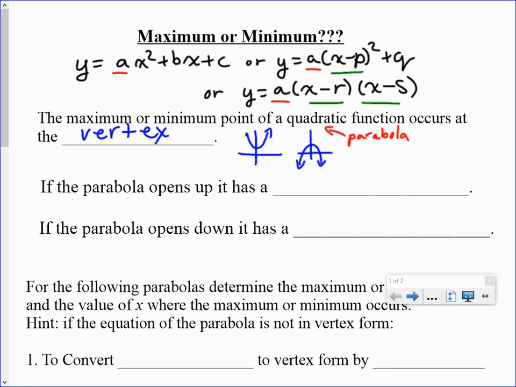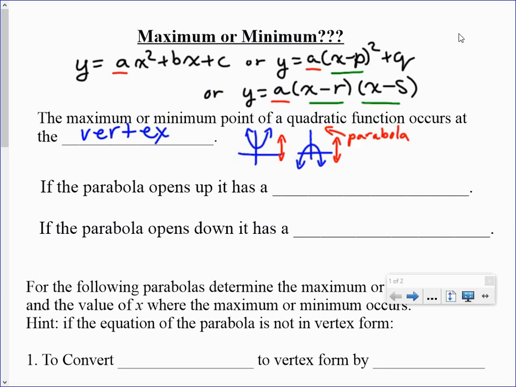It either opens up or it opens down. And then there are different variations where the bottom of the parabola is either above or below the x-axis, or the top of the parabola is either above or below the x-axis.